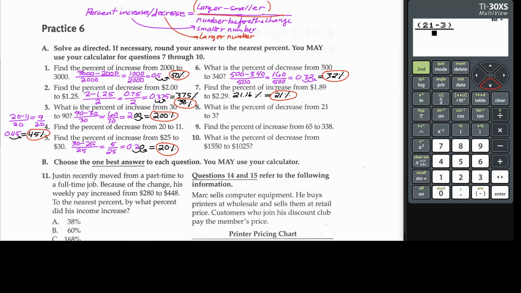Now, since this is a percent of decrease, the 21 is the one on the bottom. Now, exit out by hitting the right key on the big button here. Okay, and then multiply that by 100. Enter.